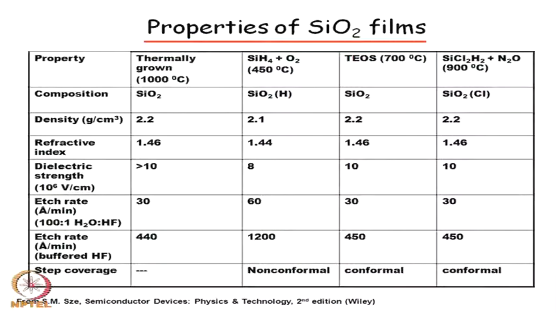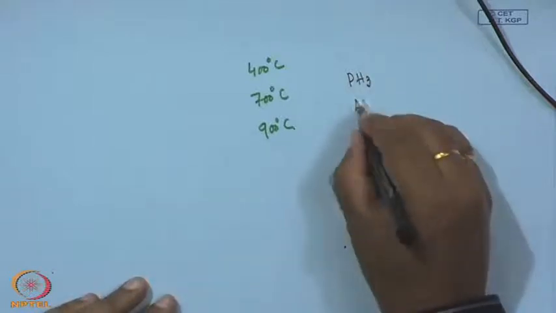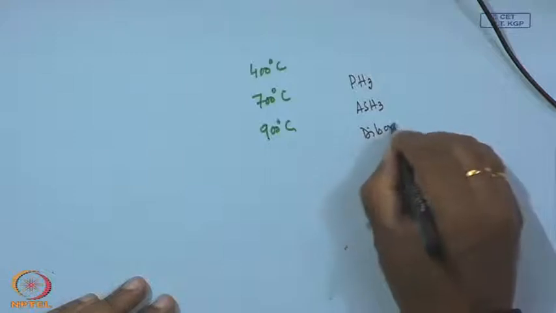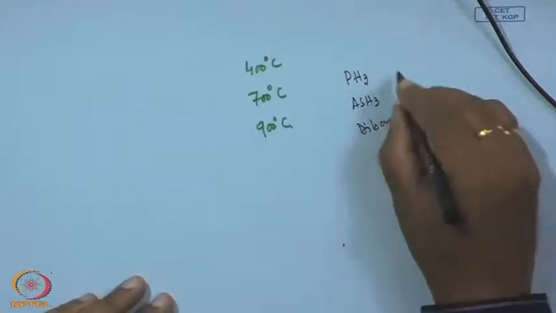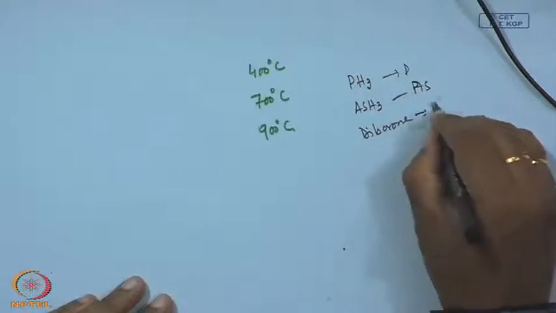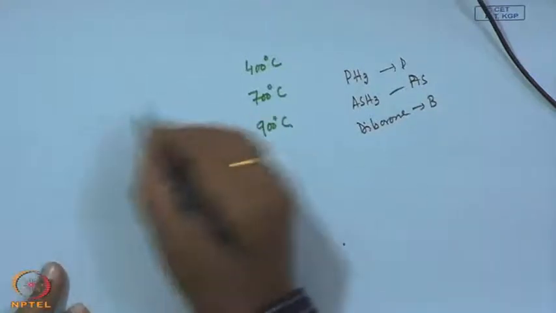The doping can be done using phosphorus, that means the precursor material is phosphine, or arsine, or diborane. That means for phosphorus, or arsenic, or boron. So, diborane can be used.